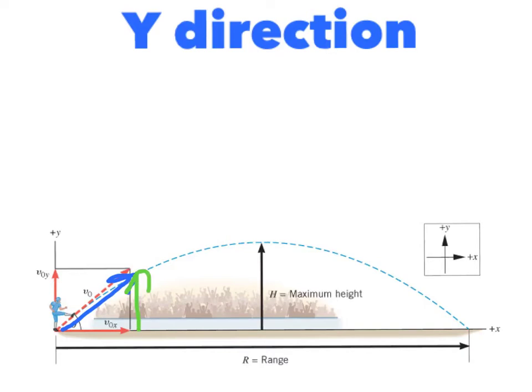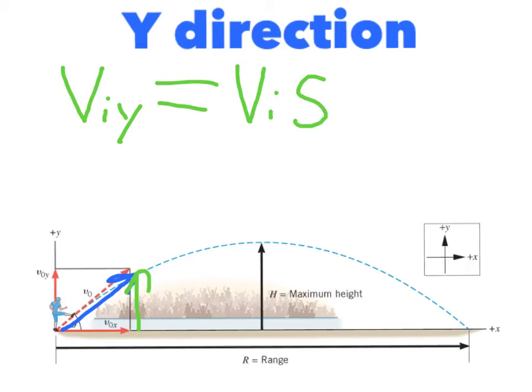That way when we look at it in the y direction, our football is just going up and coming straight back down. So how do we find the y component? Well, as we learned before, using trigonometry, our initial velocity in the y direction is equal to our initial velocity times the sine of the angle.